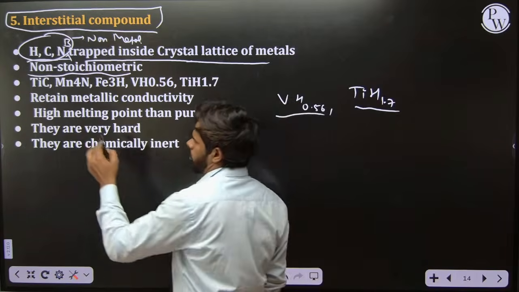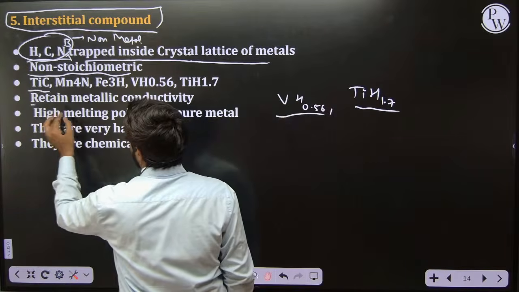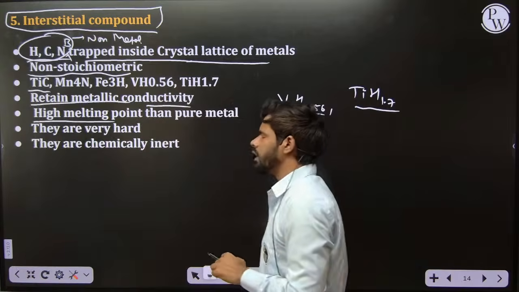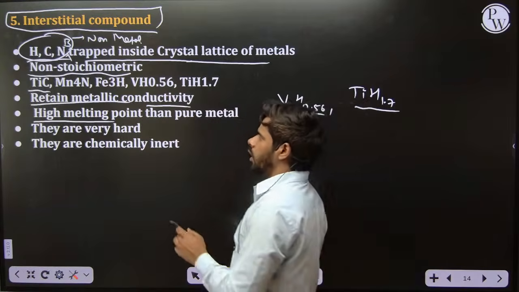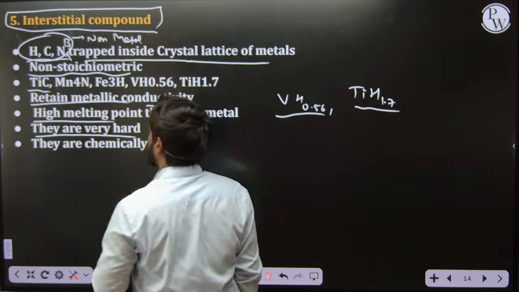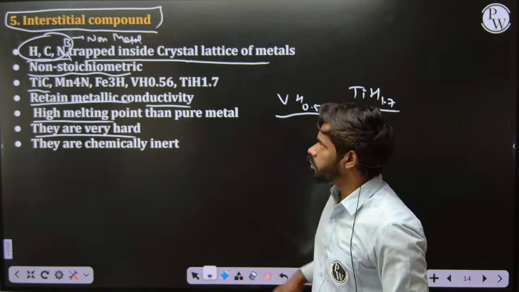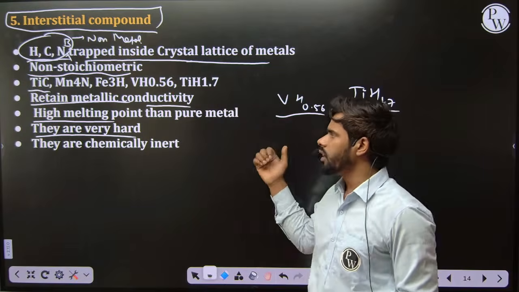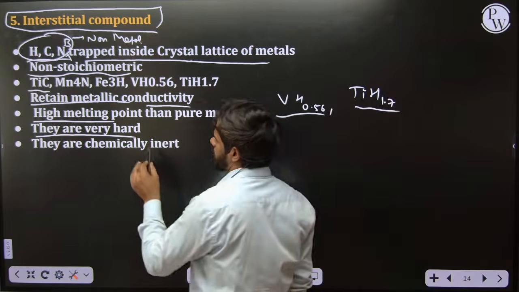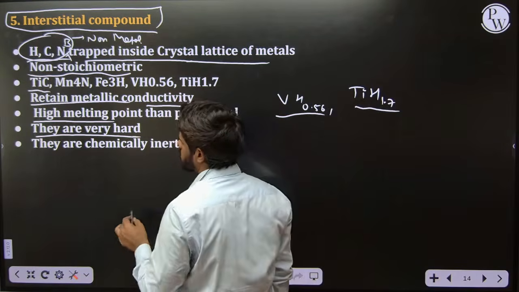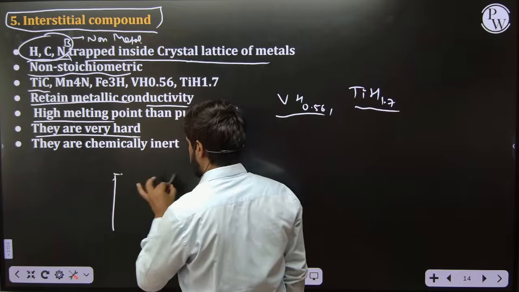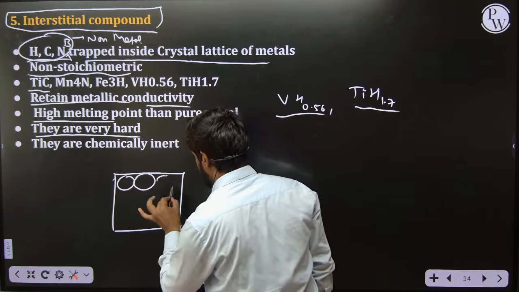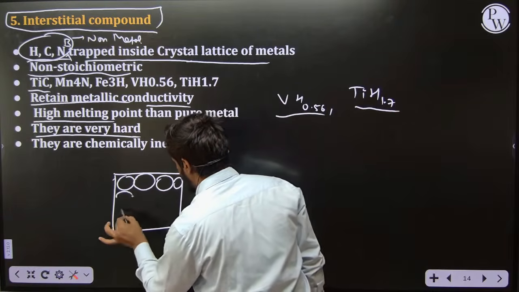Okay, this is all about the solid state. They retain the metallic conductivity. They have a higher melting point than the pure metal itself. They are also very hard, as non-metals are added. They basically occupy the voids of a lattice.